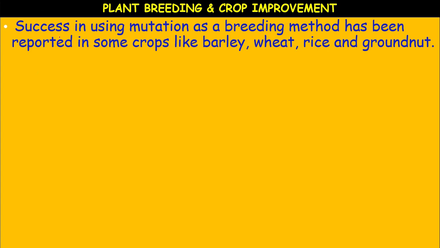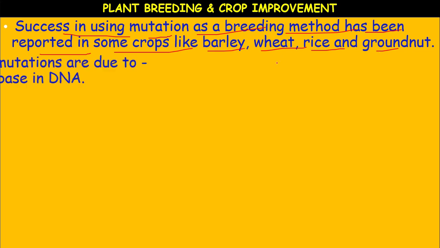The success in using mutation as a breeding method has been reported in some crops like barley, wheat, rice, groundnut. In wheat, we just discussed the Sharbati Sonora and Pusa Lerma dwarf wheat varieties.